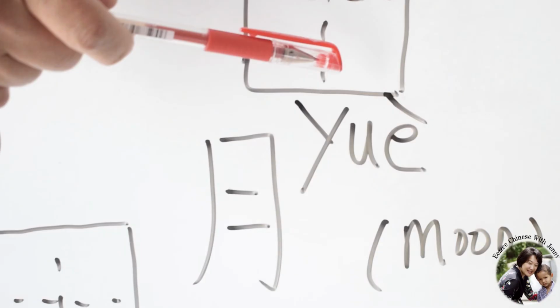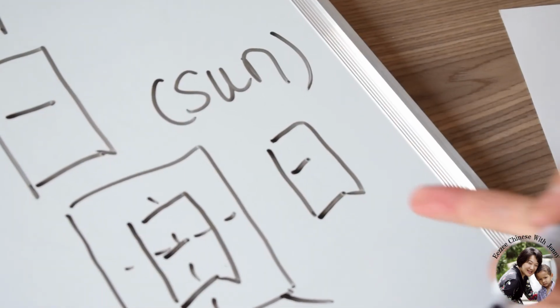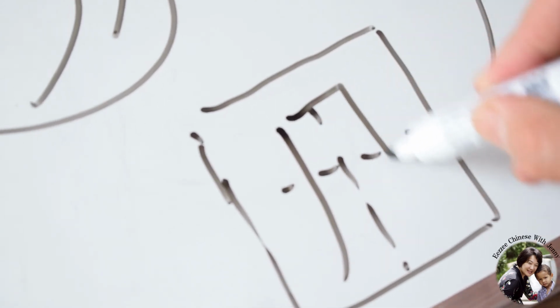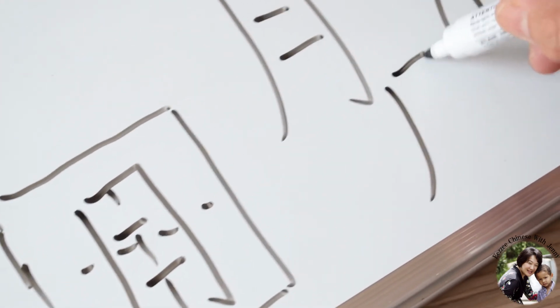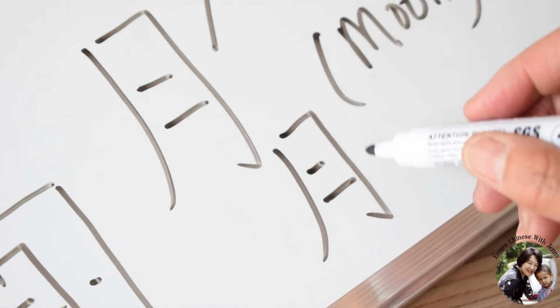The pronunciation is yue, the fourth tone, 月. First stroke, 1, 2, 3, 4. 1, 2, 3, 4 means the moon, 月.